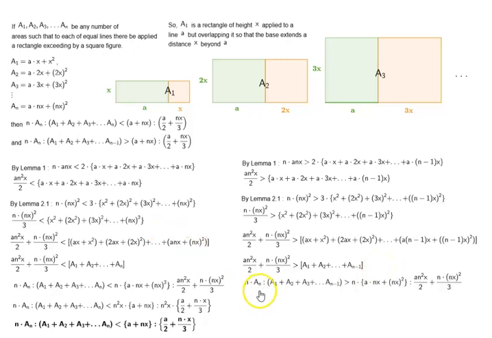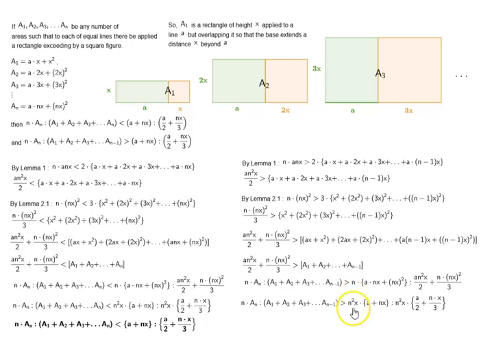So we have n times an is to the sum of all the areas except the last one is greater than n times anx plus nx square is to an square x by 2 plus n times nx square by 3. Here again, commonalities we take out. So here we have nx common.